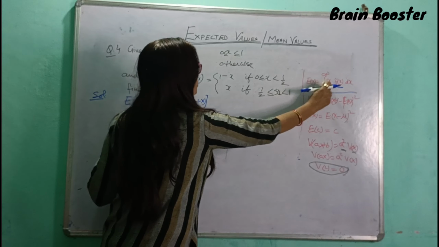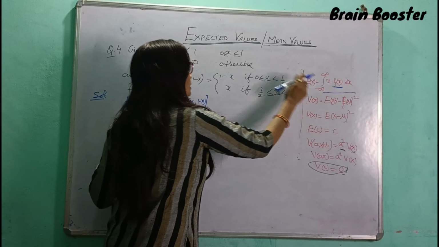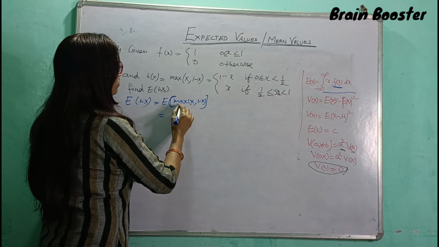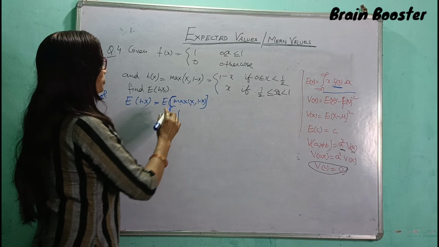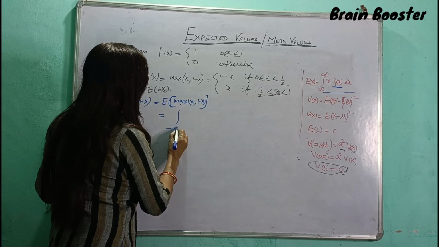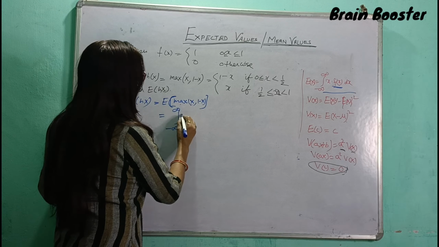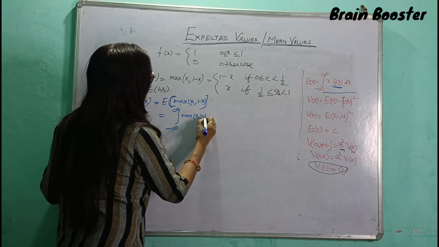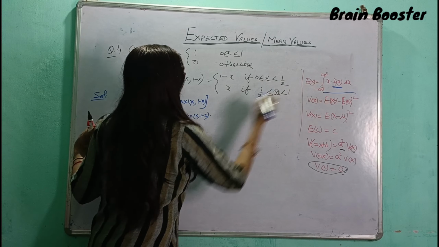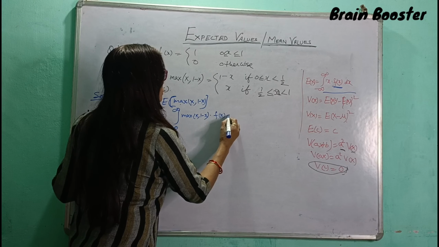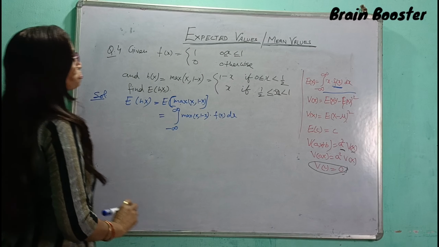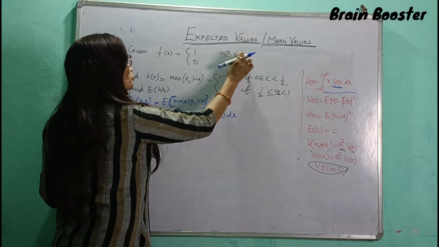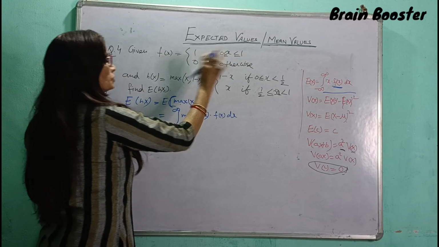Now the expected value of this is equal to the integral of x f(x) dx. If here it is x, then if here it is maximum of x and 1 minus x, we have to write minus infinity to infinity of maximum of x and 1 minus x into f(x) dx. Here it is written that if x is between 0 and 1, f(x) is 1, and otherwise it is 0.